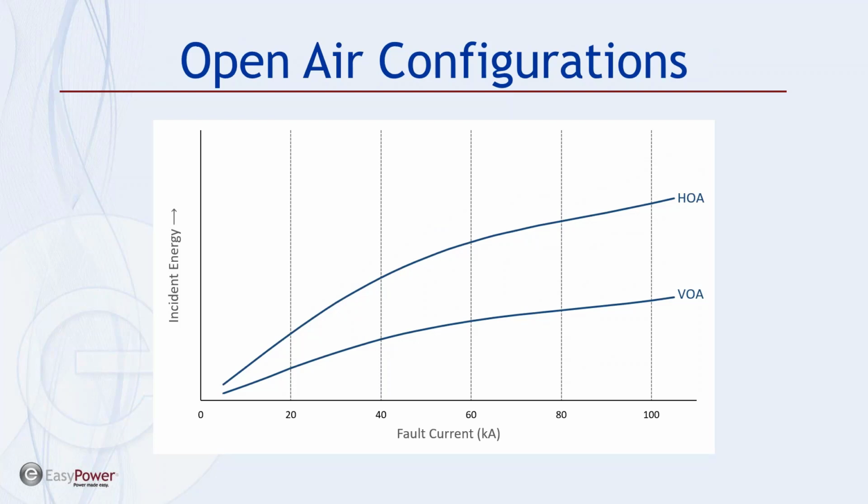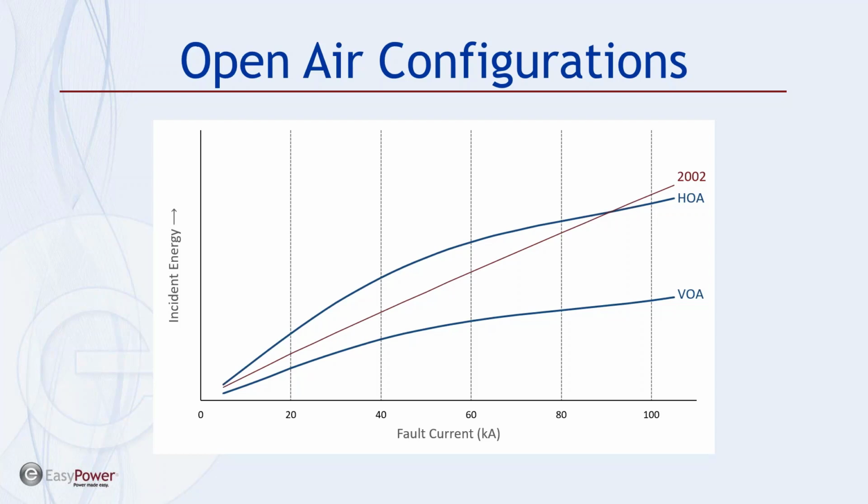Open air configurations. Again, if we're plotting incident energy against the fault current, the horizontal in open air yields a much higher radiation pattern because we're standing at the end of the bus termination, the electrodes themselves. If we plot that against the 2002 model, the 2002 calculations will be, for the most part, more conservative when we're looking at the vertical orientation, and less conservative, maybe not as accurate, when we're looking at horizontal orientation.